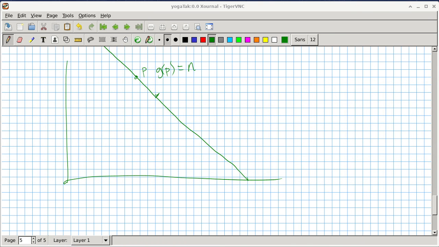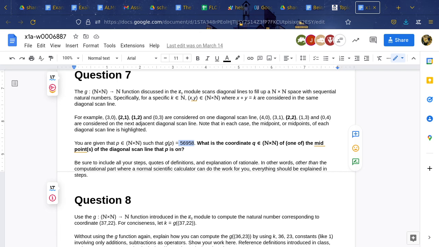Now, how do you approach a problem? You are given certain things. Let me show you what you're given, because this is problem solving. This is the process of problem solving: to understand what you're given and what we have talked about in the class, and then see what would be the first tool to apply to answer this question. You are given P. We don't know where it is, but we know that the natural number 56,938 is associated with that pixel.